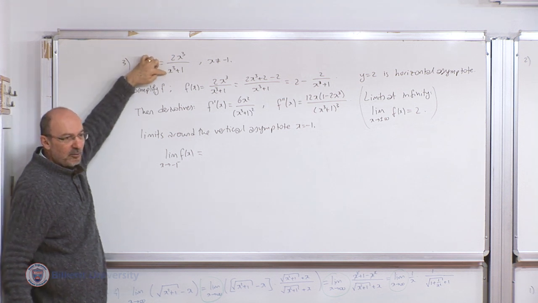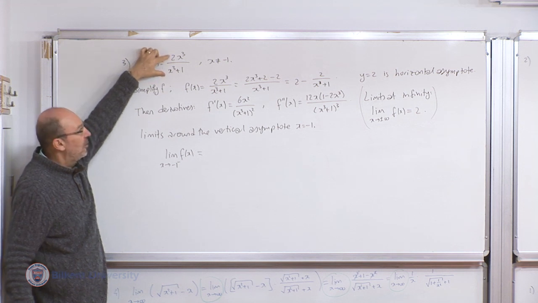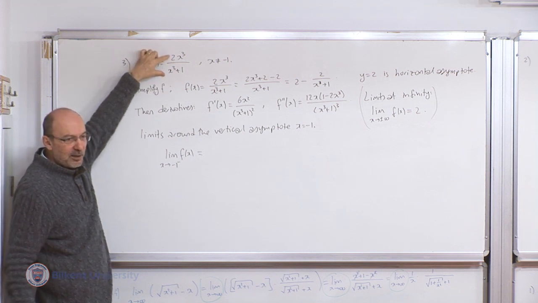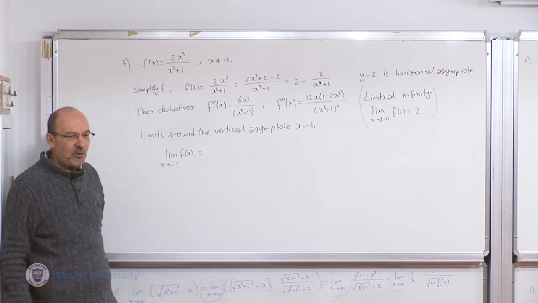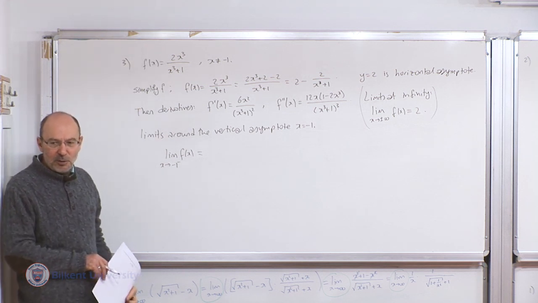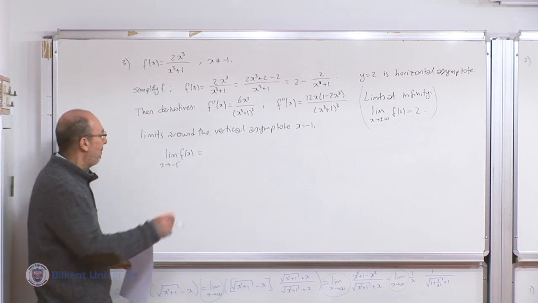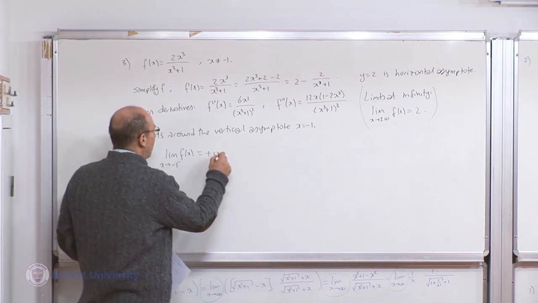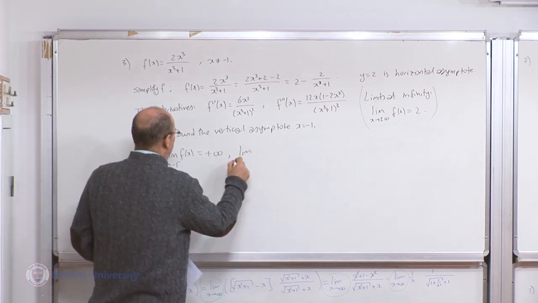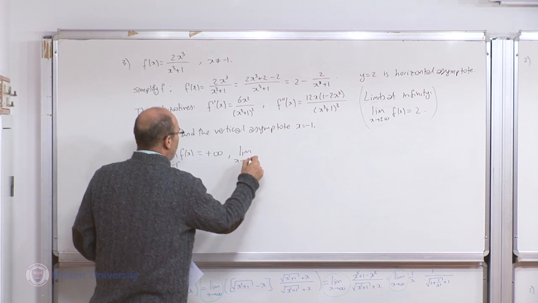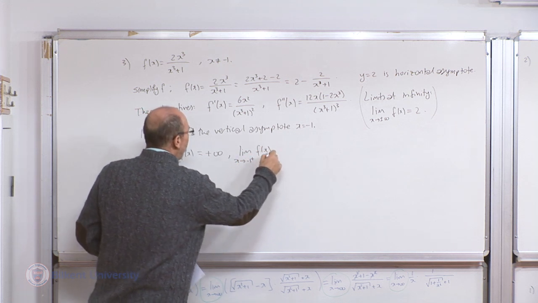This is also negative, going to 0. So the overall sign is plus, and it is increasing because the denominator is going to 0. So this is plus infinity. Let me write plus infinity. And the limit as x goes to minus 1 from the right of f of x.